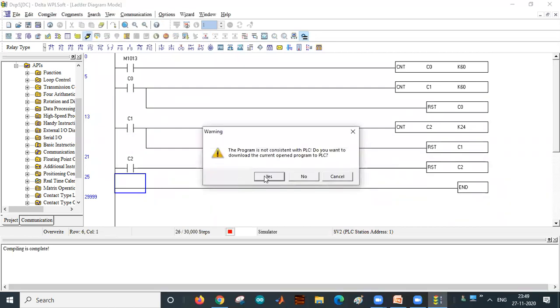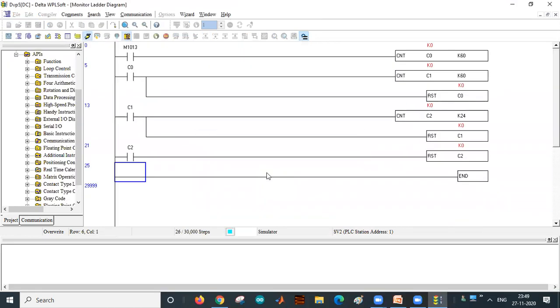Run this. You see here, this is the clock pulse generated. Now our PLC is still not running, so these values are not changing. Whenever you run this PLC, if you observe here, it is 0.5 seconds on, 0.5 seconds off. That means for every 1 second it will be on.